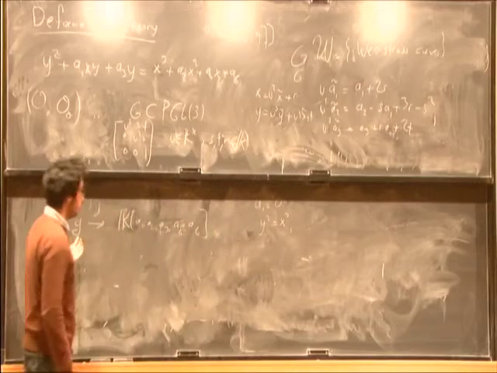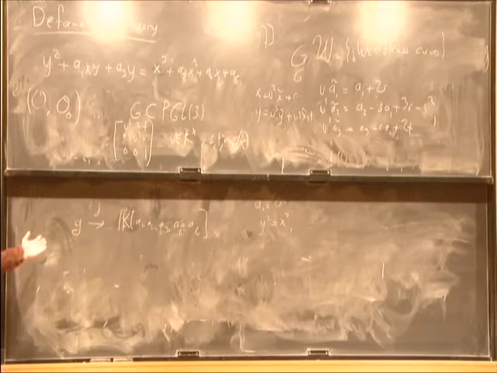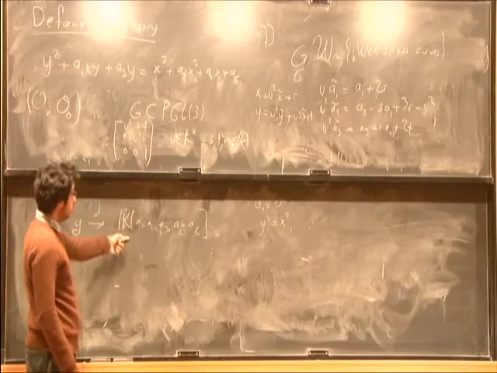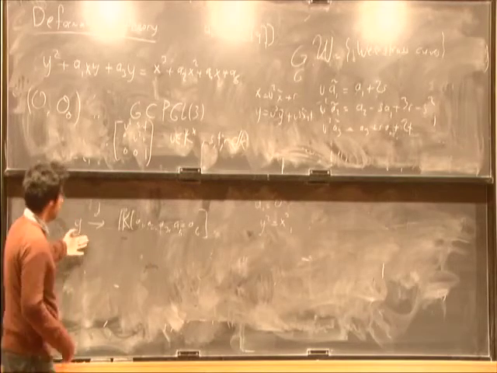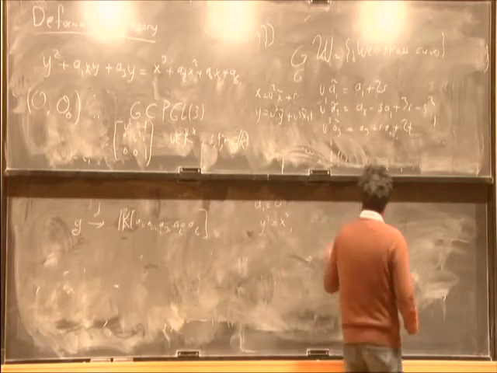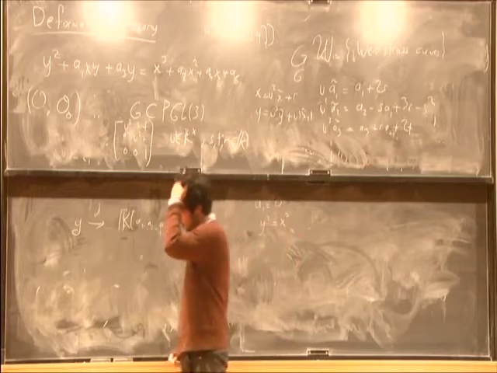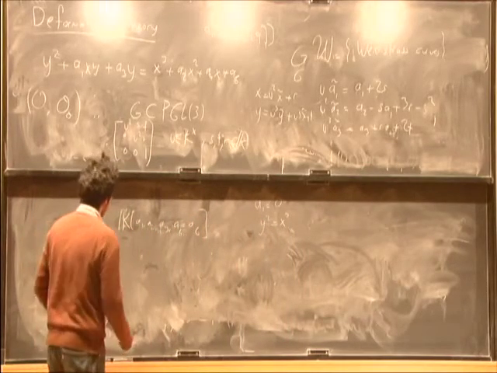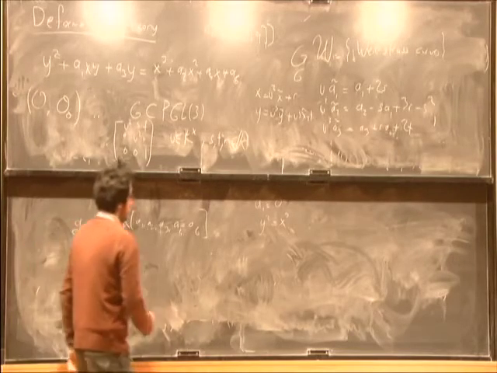And to first order, the deformations are controlled by this complex. So if you're in the co-kernel of this, then you can deform. And if you're in the kernel, that's like reparameterization of the deformation. So the picture is like so. This is an easy computation.